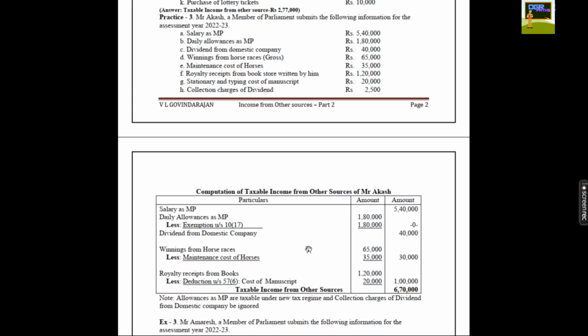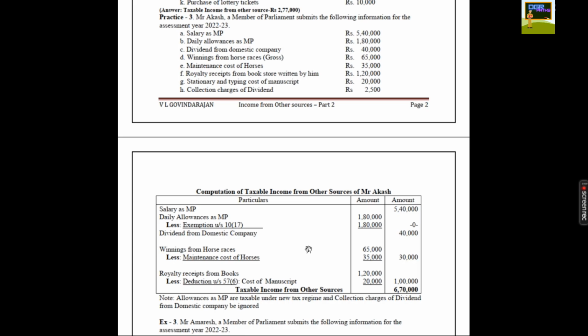So the balance is fully taxable. Next, royalty receipts from books written by him, 1,20,000. Stationery and typing cost of manuscript, rupees 20,000, is an expenditure, so we can adjust this expenditure with the royalty income. So royalty receipts from books 1,20,000, less deduction under section 57(6), the cost of manuscript only 20,000.